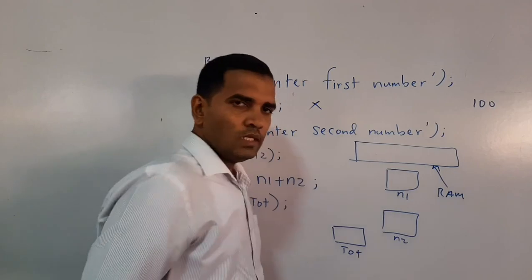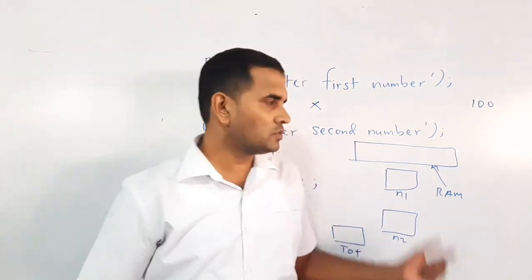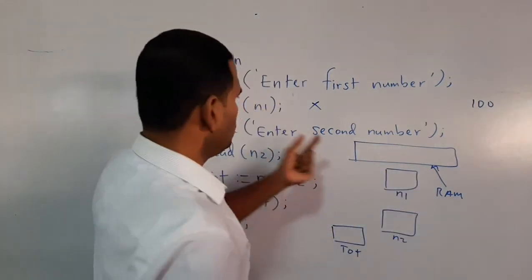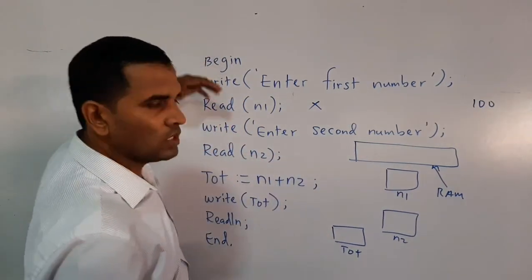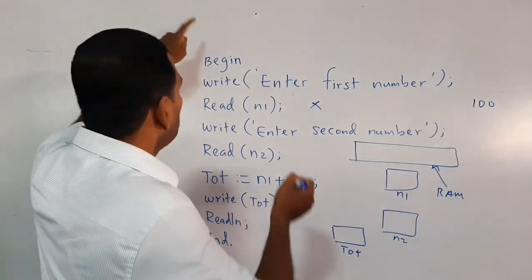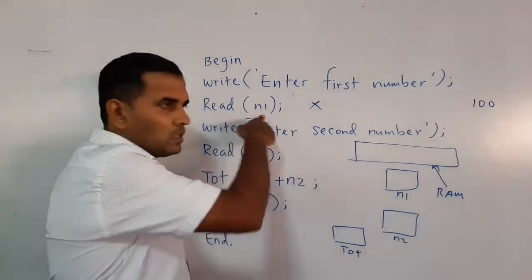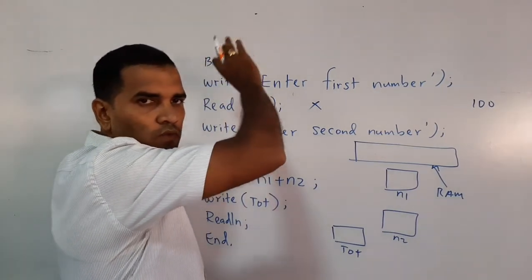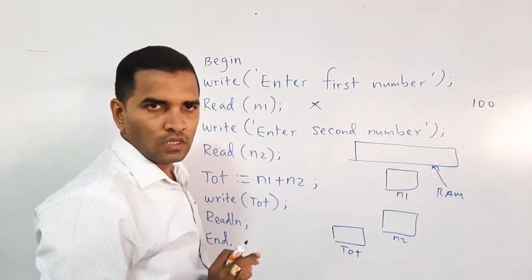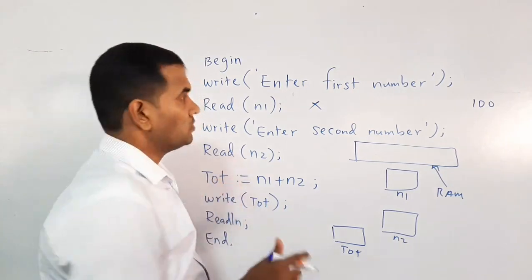There may be so many places or locations to store the data, and N1 is one of the places. Before you start writing your program, you have to introduce this location first. So let's see how we can introduce that particular variable to the computer.